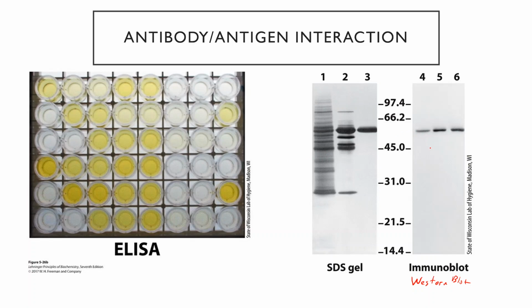All the other proteins that might be in the mixture, all this stuff here, which is proteins you're not interested in, will be invisible because they don't bind to the primary antibody. You can also use this to estimate the amount of protein. By the intensity of these bands, you can estimate how much protein is actually there.